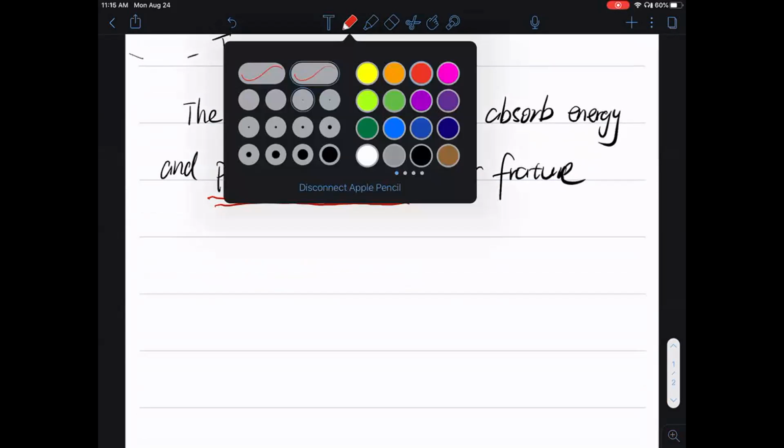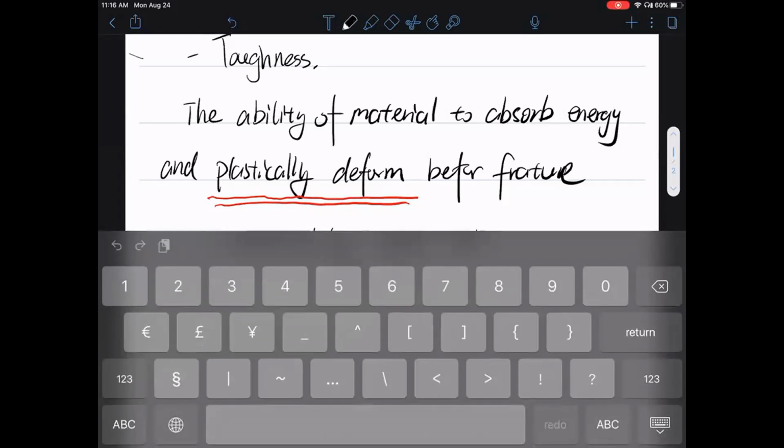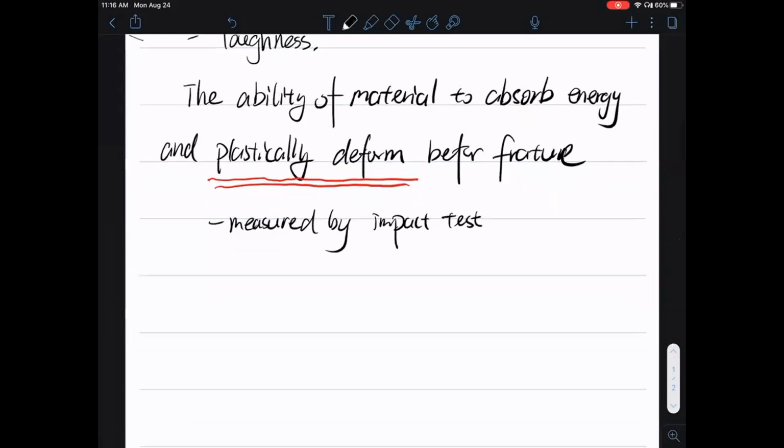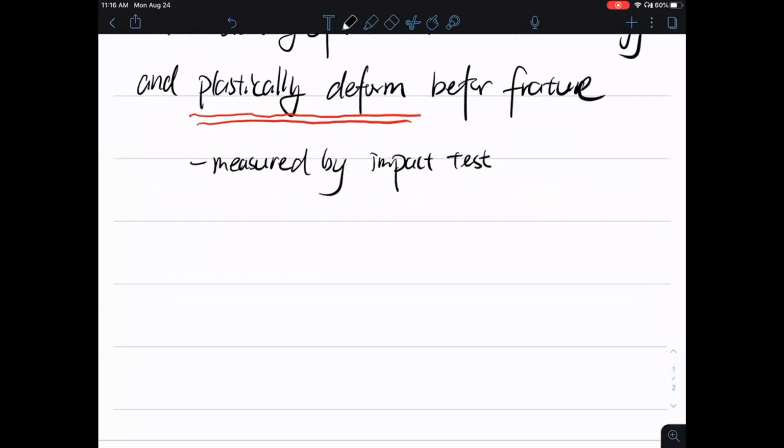So this toughness can be measured by impact test. If we have time, we'll find a video for that.